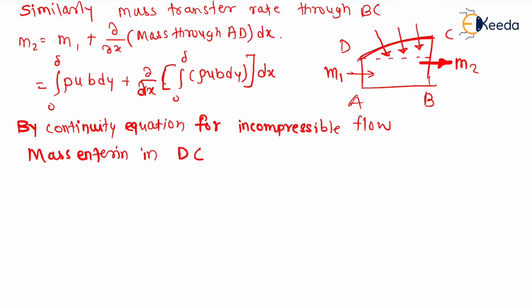So this mass which has been entered can be calculated as difference between masses, that is m2 minus m1.